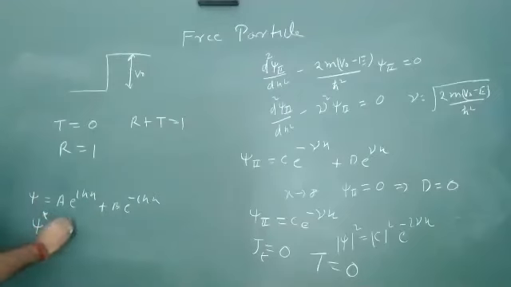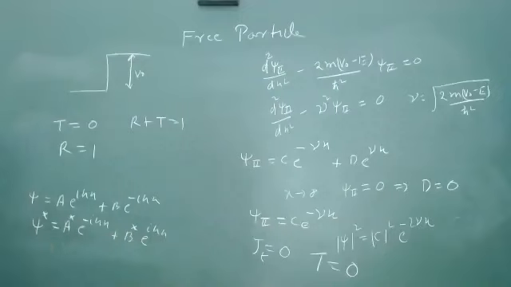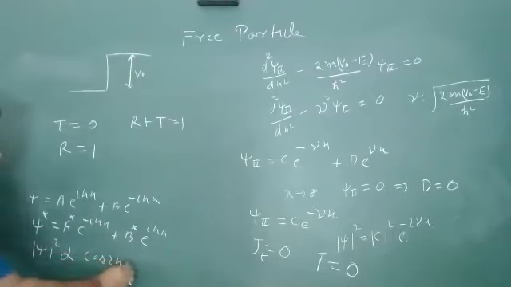Psi star is a star e to the power minus ikx plus b star e to the power ikx, and then you can easily find mod psi square. Once you find it, mod psi square is proportional to cos 2kx. You can easily find this particular thing.